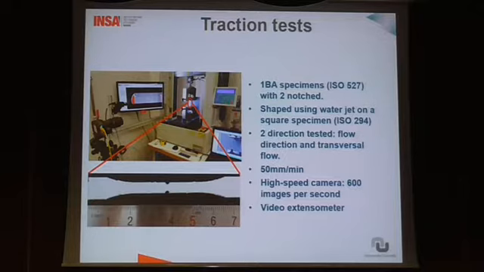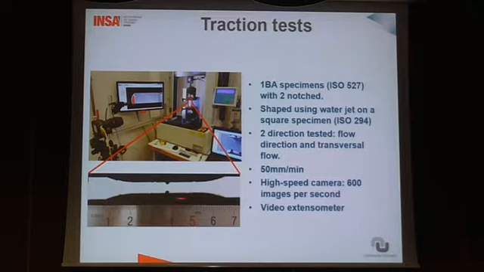We carry out a traction test where we use a small specimen with 2 notches, with an effective area between 6 and 8 square millimeters. We shape it from a square part, designed with regard to the anisotropic properties of polymer materials.